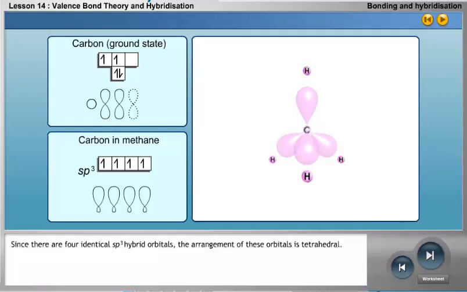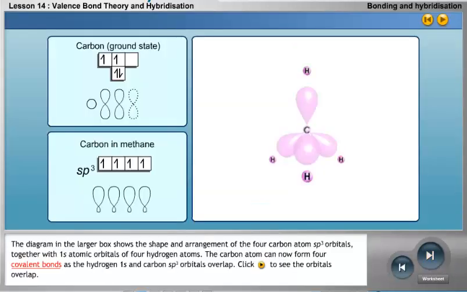Since there are 4 identical sp3 hybrid orbitals, the arrangement of these orbitals is tetrahedral. The diagram in the larger box shows the shape and arrangement of the 4 carbon atom sp3 orbitals together with the 1s atomic orbitals of 4 hydrogen atoms.